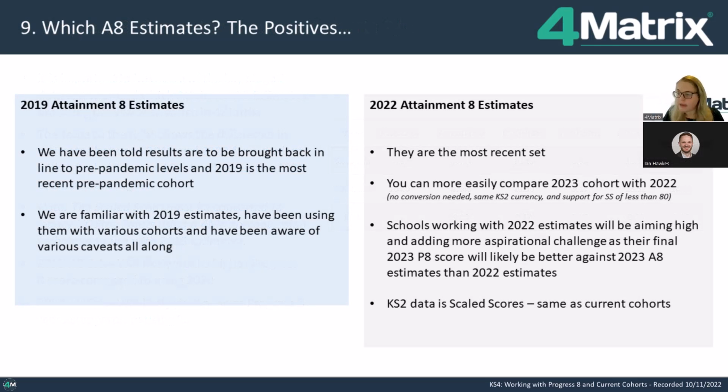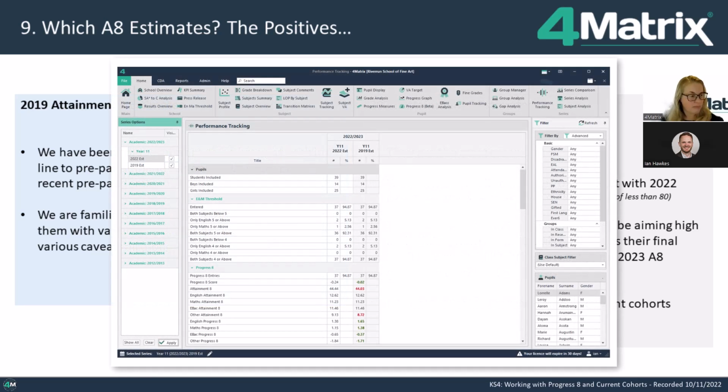Just to jump in there quickly, Karen, somebody's asked in the questions whether the table on slide 7 is available in 4Matrix, and the answer is yes, it is. It's in the performance tracking tool, and you can toggle on different series that have different Progress 8 settings and compare them side by side. In the example we showed, you can ignore the color coding. It's just there to show you the difference. I believe it's about a quarter of a grade in the example on that slide.